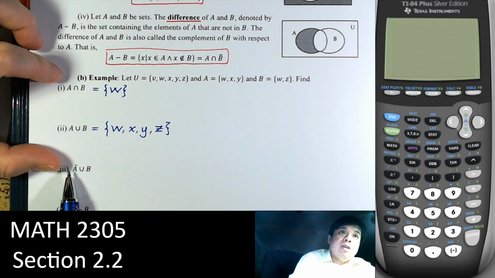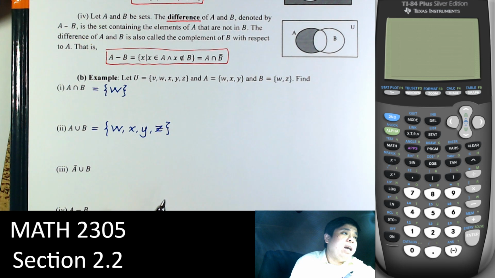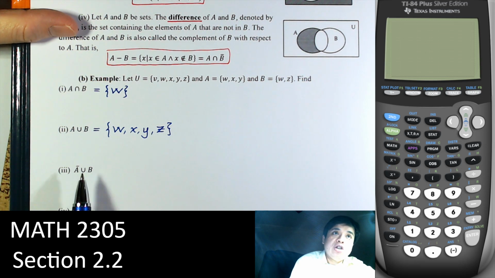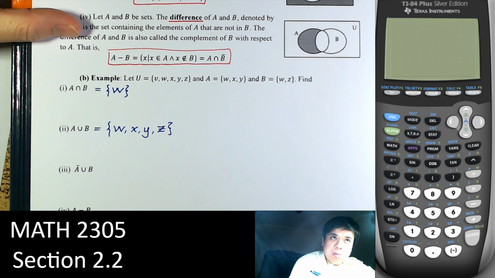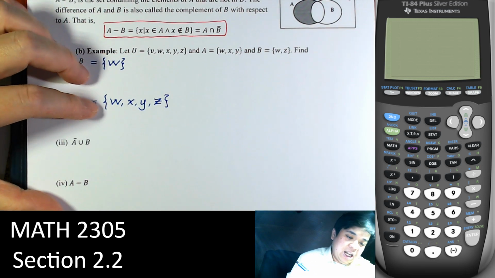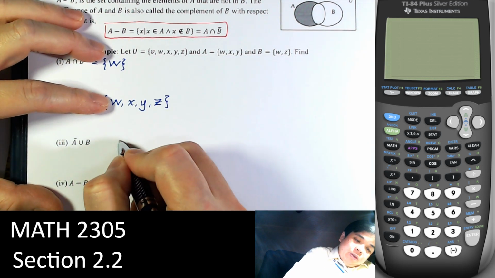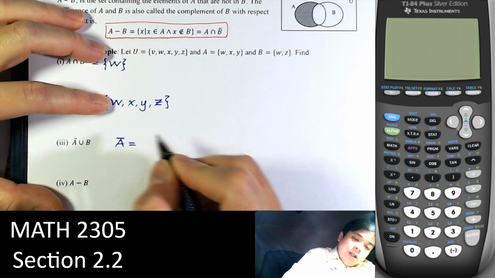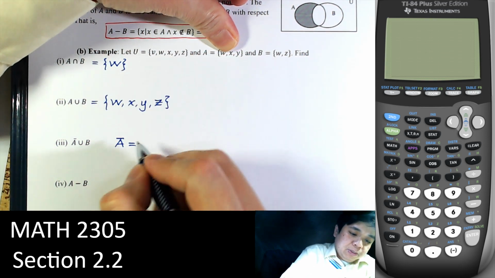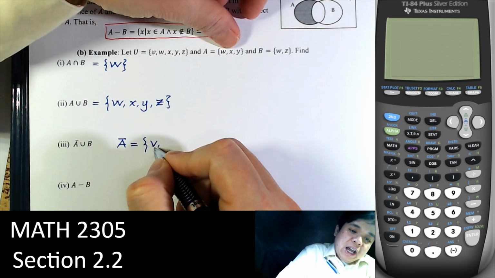Next we have the union of not A and B. Just like the order of operations in logic, we do the complement first, and then the conjunction and disjunction. So in this case we do the complement first, and then intersection and union, which is kind of the same order. So we find not A first. Not A is whatever is in U but not in A. V is not in A, so that's good. W is already there, so nope.